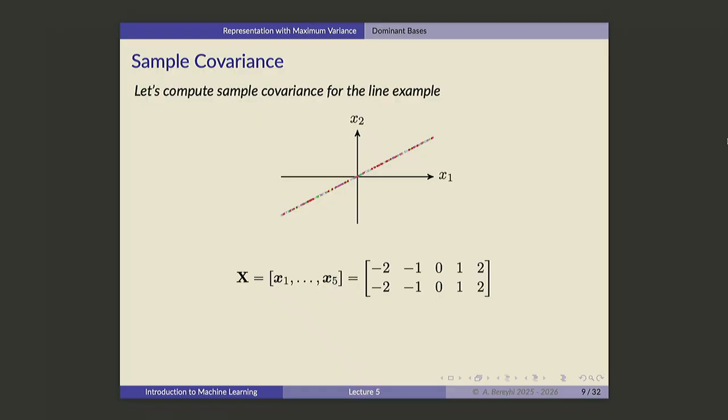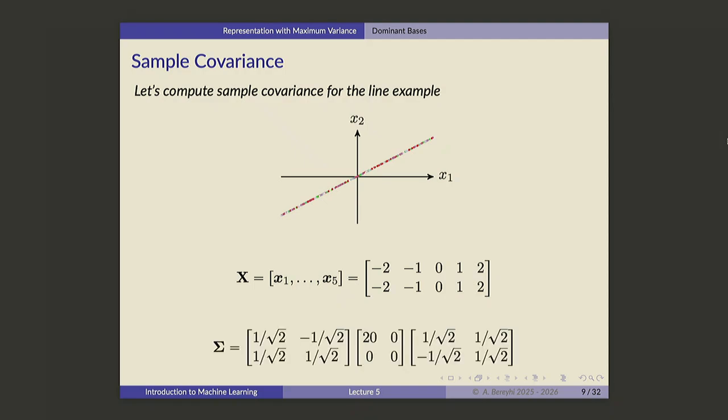If you compute x times x transpose, what would be the dimension? 2 by 2, right? And if you average it, that 2 by 2 gives you sigma, which is the approximation of the covariance of this process.